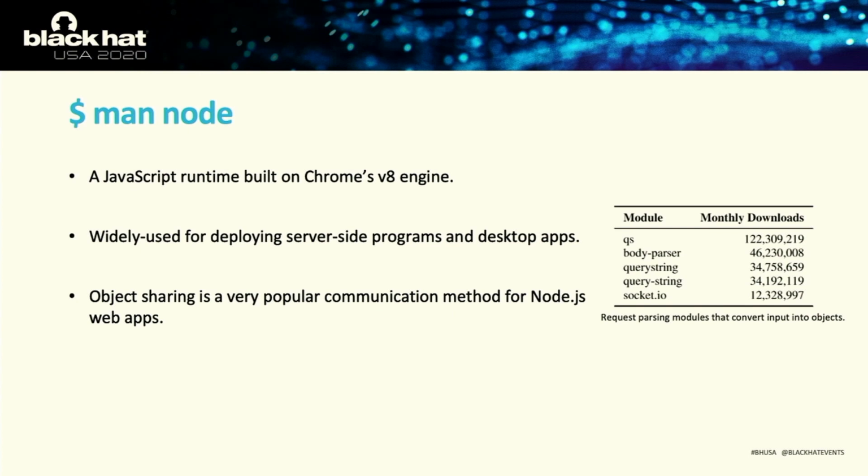For these web-based applications, packing the communication data into object representation is really common. This feature is convenient and very powerful. With the help of this feature, Node.js applications can send or receive very complex data structures. From the monthly download statistics on the right, we can get a sense of how object sharing is supported and used by the Node.js ecosystem.